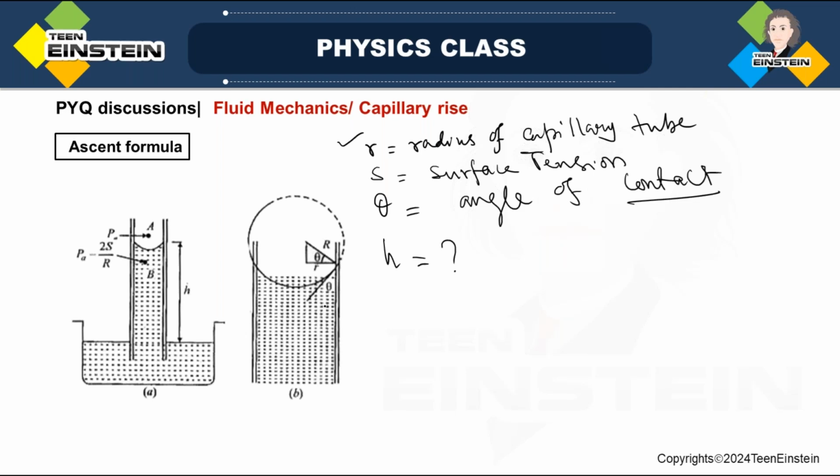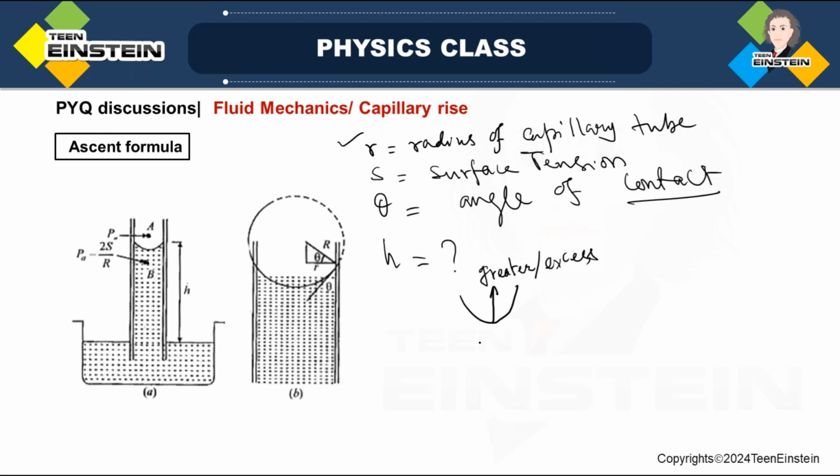Now let us consider this point and this point. We know that for a convex or concave surface, there will always be an excess pressure or greater pressure on the concave side.